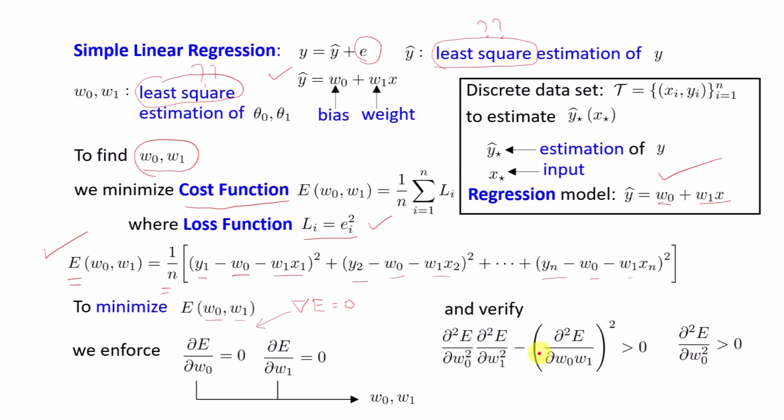So to ensure that it is in fact a minimum, we also verify that del 2E del W0 2 multiplied by del 2E del W1 2 minus del 2E del W0 del W1 whole square should be greater than 0, and del 2E del W0 2 greater than 0. When these two conditions are satisfied, then together with the gradient condition we can say that at that particular point this function is minimum.